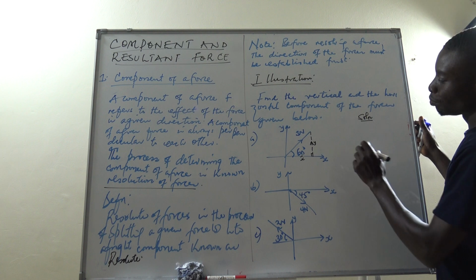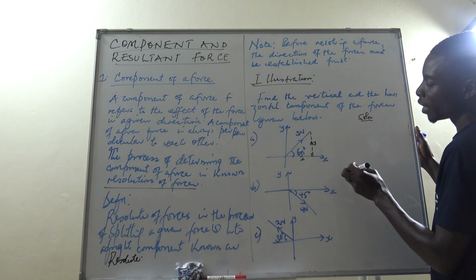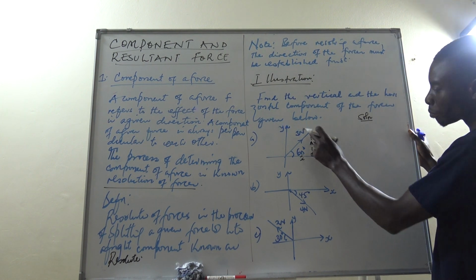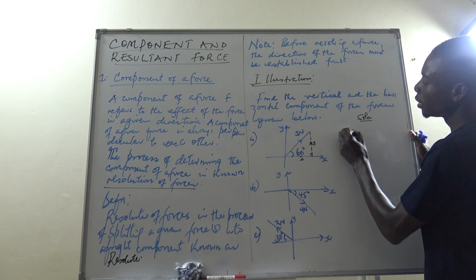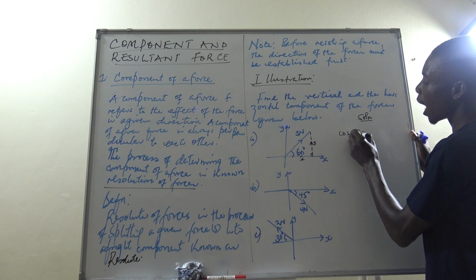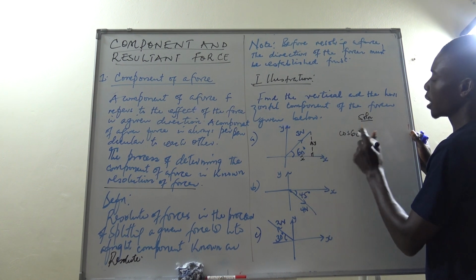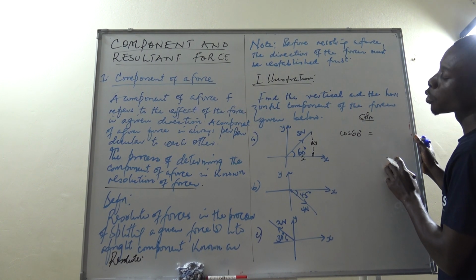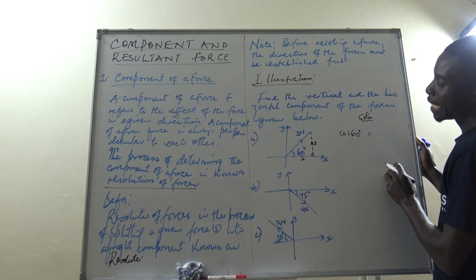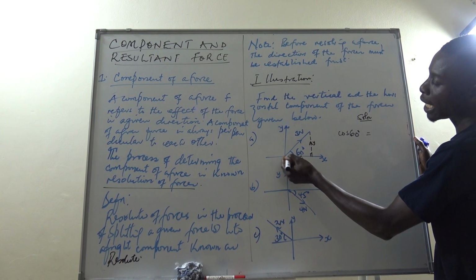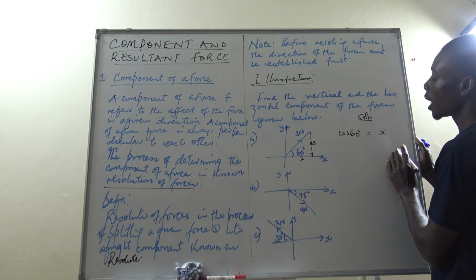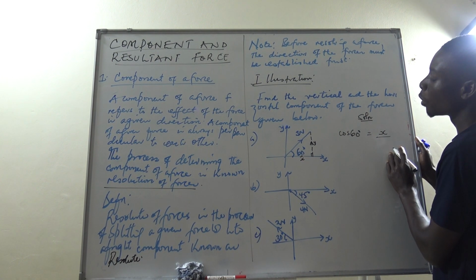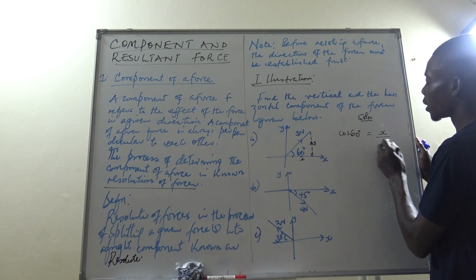So if we are beginning from our first point, we can now say, from this right angle triangle, what is the cos of this angle here? Cos of 60. You realize that cos is supposed to be adjacent over hypotenuse. And what is my adjacent? My adjacent is the x value, divided by the hypotenuse, which is the 3.